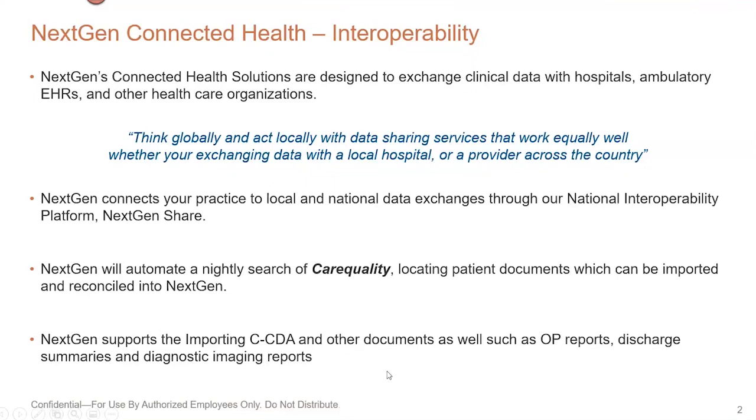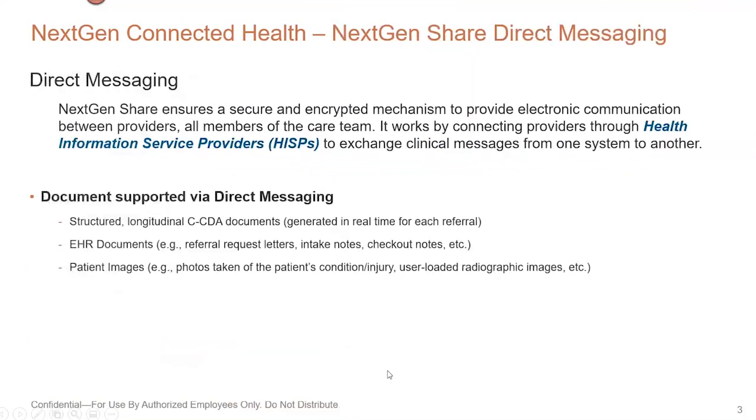Now, another component of our interoperability platform is NextGen Share direct messaging. Direct messaging in the simplest format is clinical email. It's an encrypted mechanism to provide electronic communications between providers as well as care team members.